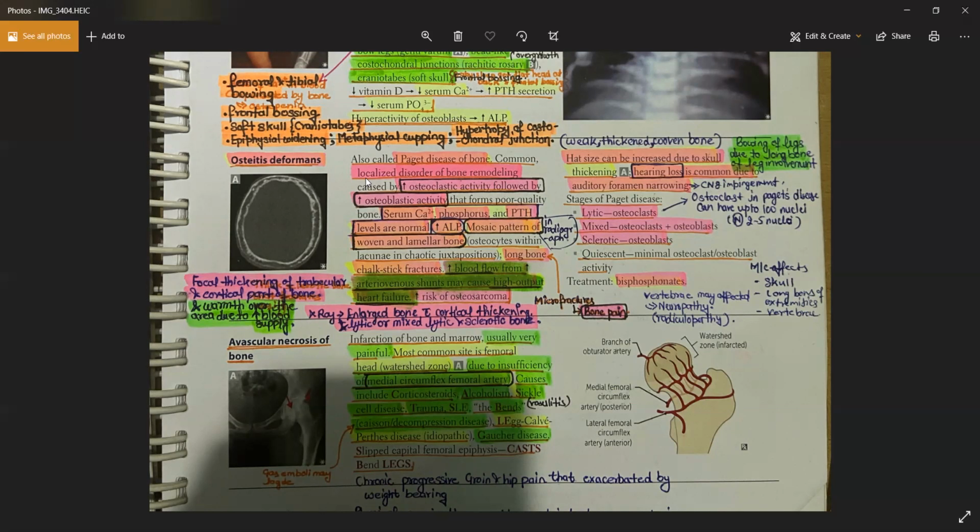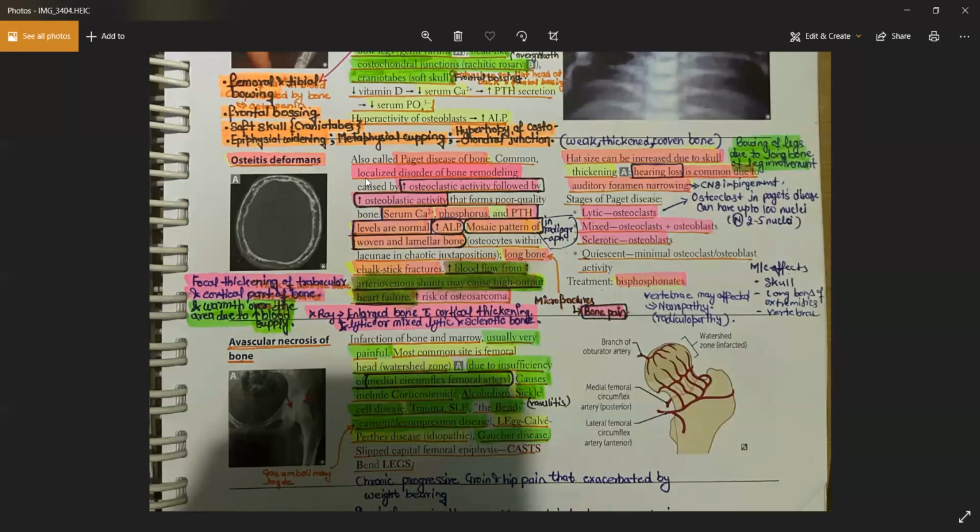So in stage 2, you will have simultaneous bone resorption and bone formation. Now comes stage 3, when the osteoblast cell activity will become too much. It overcomes the activity of osteoclast cells. As a result, you will have too much bone formation.